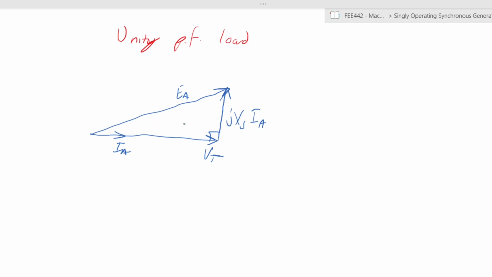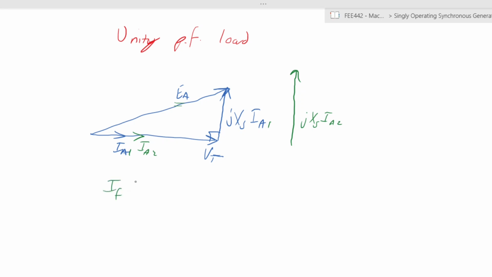Same conditions apply. It is an instantaneous increase in load. Let me try, maybe for clarity, we say the second ones are in a different color. So let's call this IA2. This is IA1, right? So when you increase IA2, your JXSIA increases. The value is increasing, okay? Same constraints. EA magnitude does not have time to change. We are not changing the field excitation.